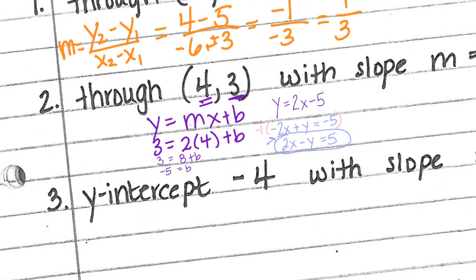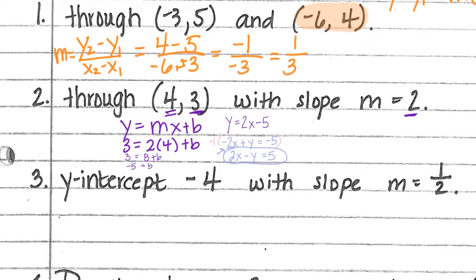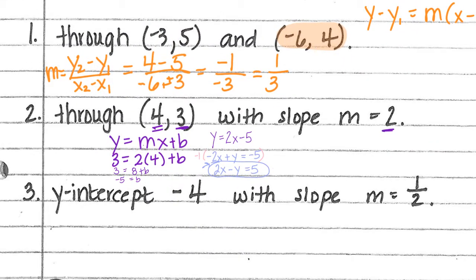All right, moving on. The next one that I'm going to go over is asking us for a y-intercept of -4 with a slope of 1/2. Well, the first thing we have to know is what is the y-intercept. Remember, the y-intercept is when x is 0.